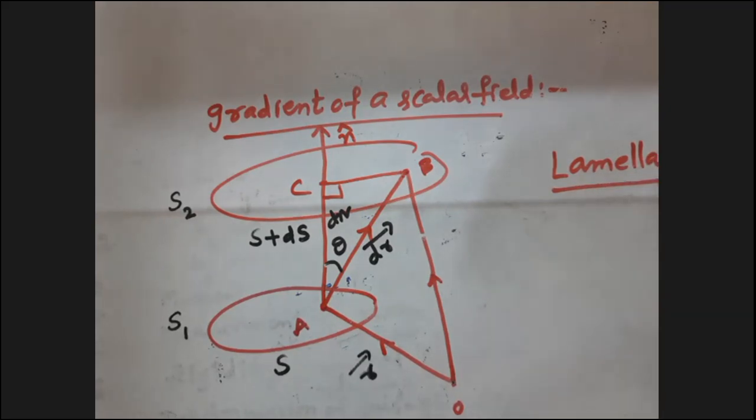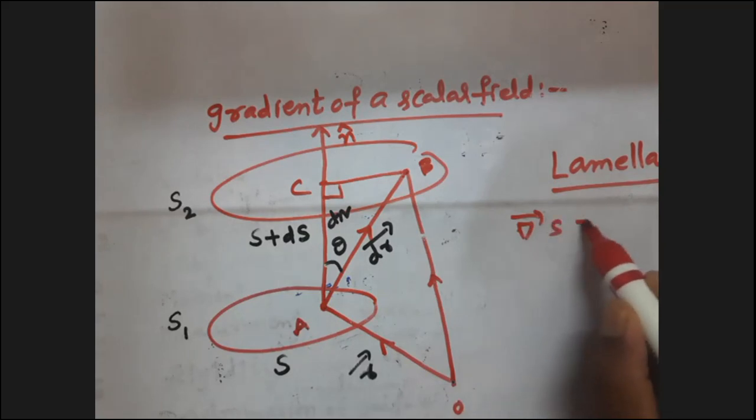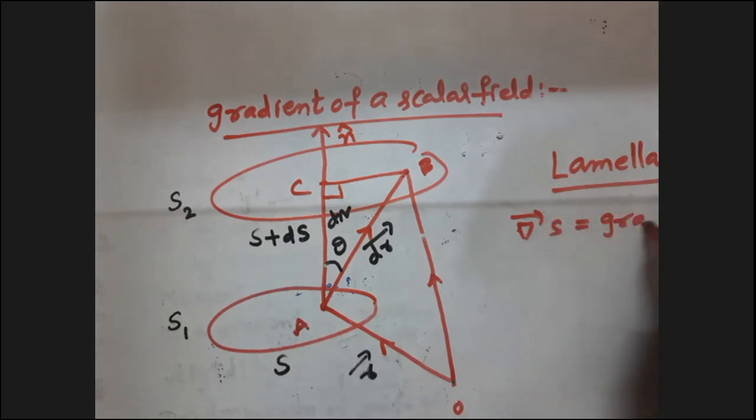Okay. By doing the operation of the del on the scalar field, we are getting the vectors. So when the del is operated on the scalar field, the scalar changing into the vector, right? So that type of vector is called lamellar vector. Lamellar vectors. Okay. So based on this concept, finally, again I am writing the expression grad s del bar s is equal to grad s. That expression we got, what is that?